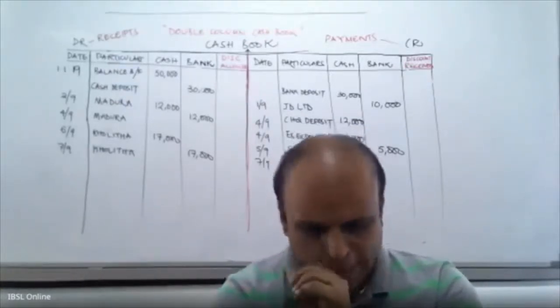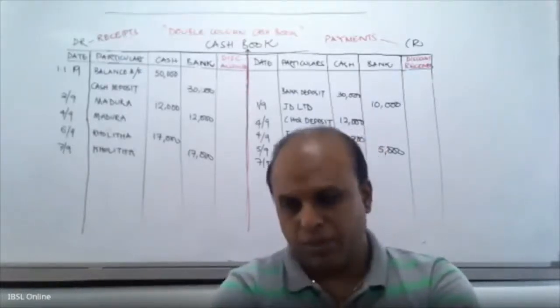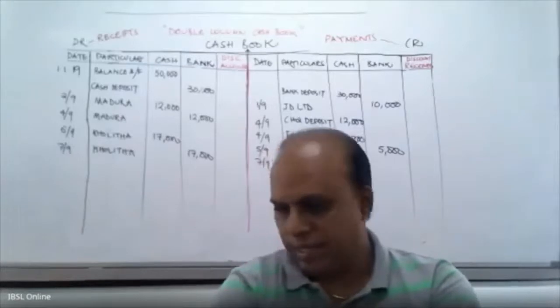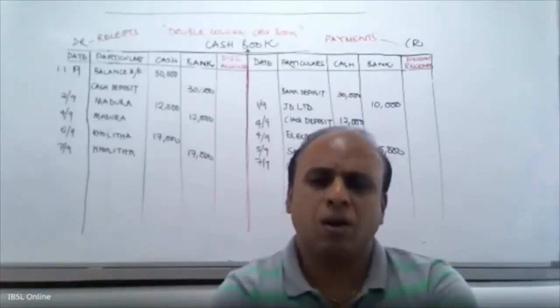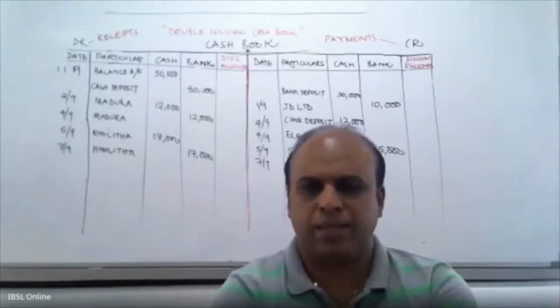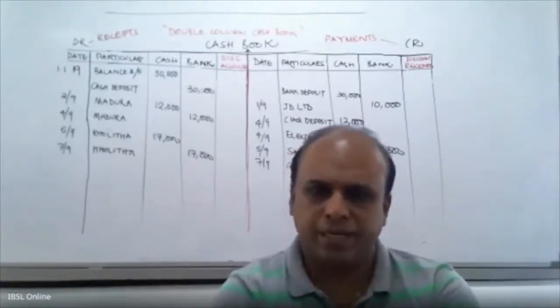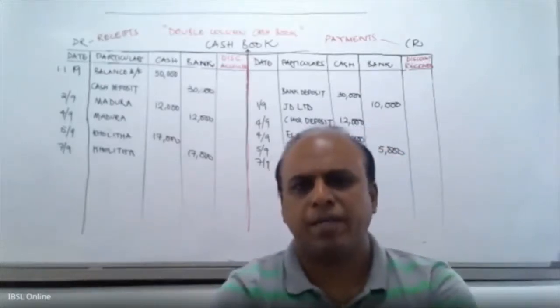In business concerns, the cash accountant who is handling the cash is generally focusing on all the transactions happening at the largest scale. That is with the debtors, creditors, making supplier payments, all those will be handled by the main cash officer.